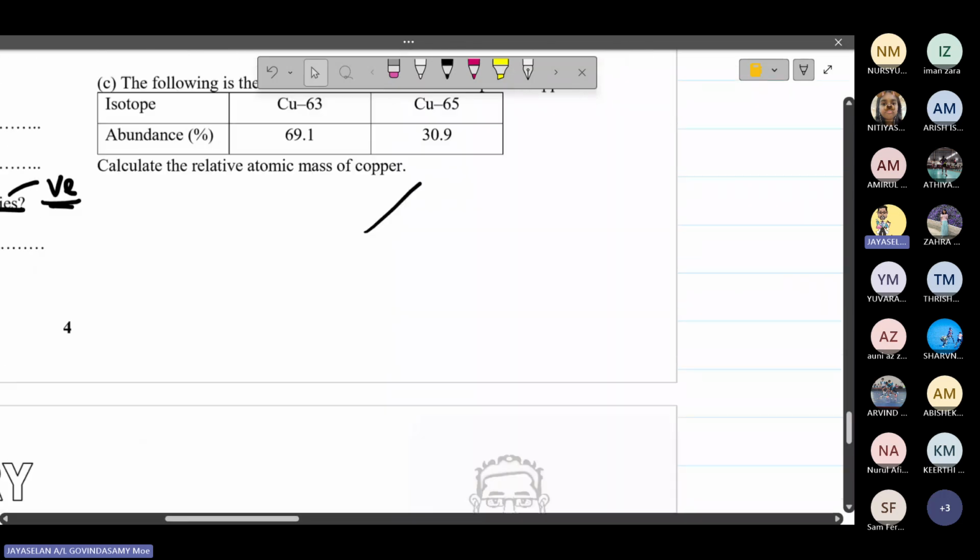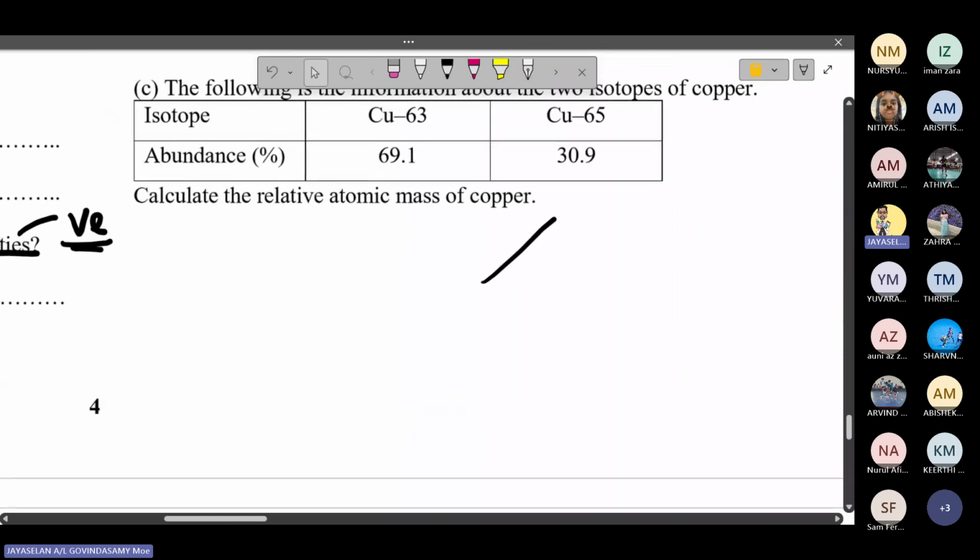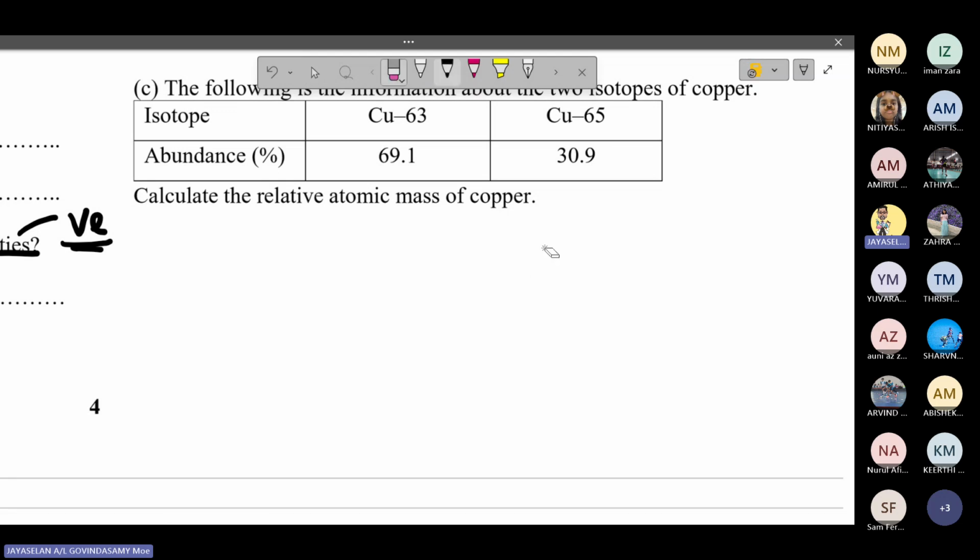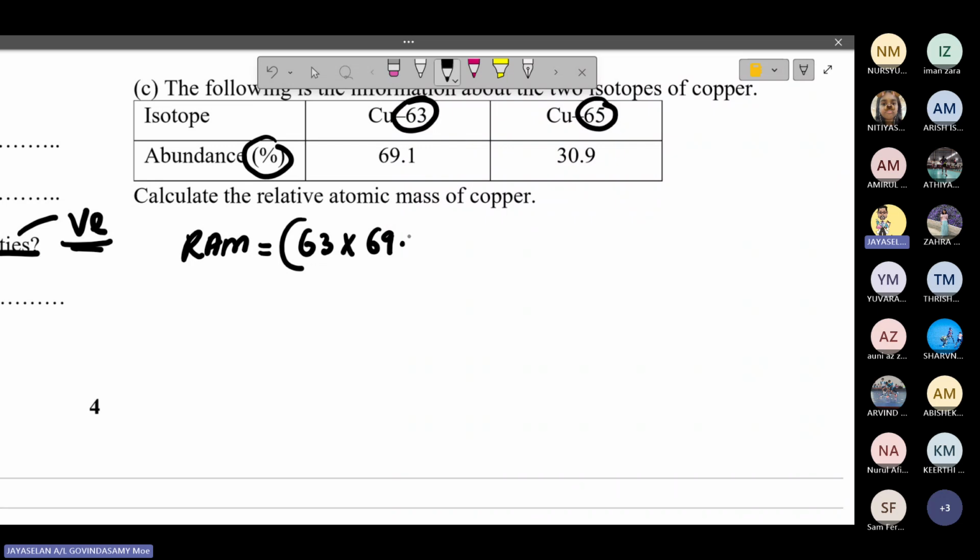Okay, now we go for how to calculate the RAM. This is example number 3. Make sure you all get full mark. How to find the RAM of copper? This is nucleon number, this is nucleon number. Here they already put percentage, so you take the nucleon number 63 times the percentage 69.1. You want to swap the order, no problem.